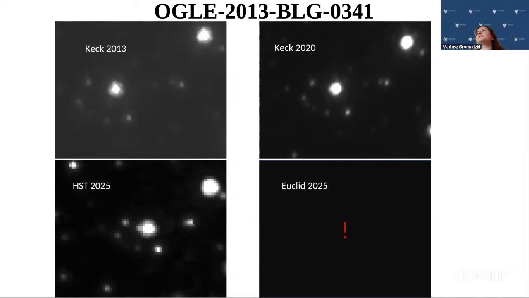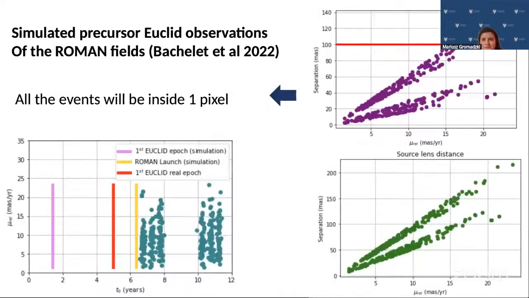Well, we want that, but we also want to be the first to have papers. But it's not all sunshine, because the pixel scale of Keck is 10 milliarcseconds per pixel. With HST, we have 40 milliarcseconds per pixel. With Euclid, we have 100 milliarcseconds per pixel.